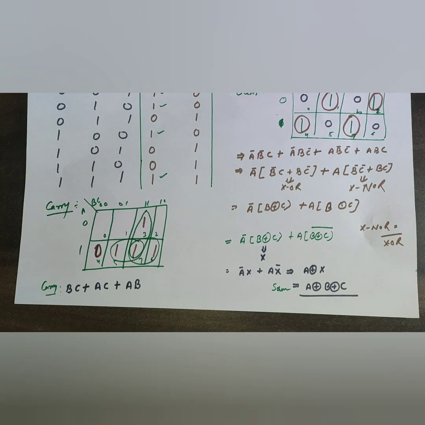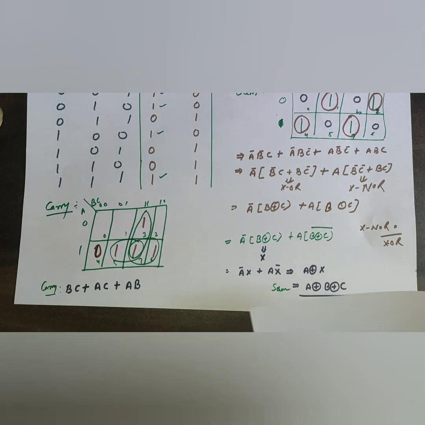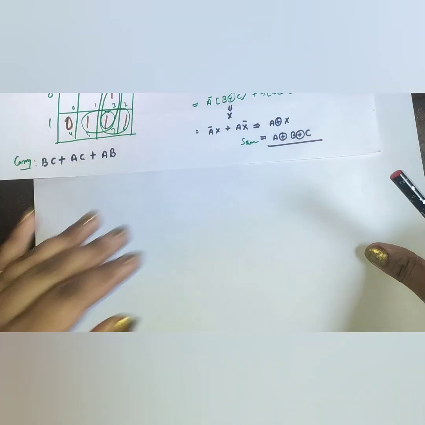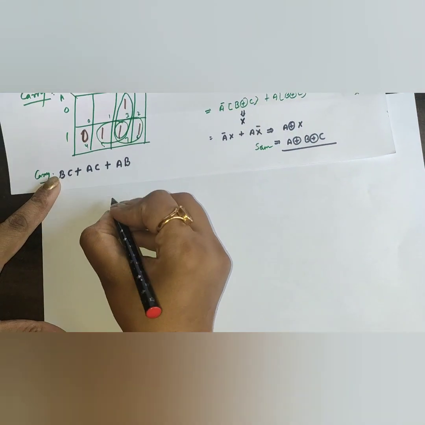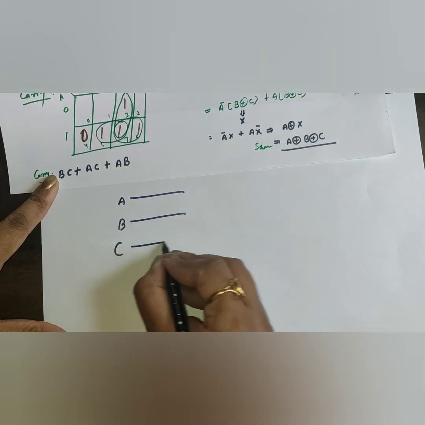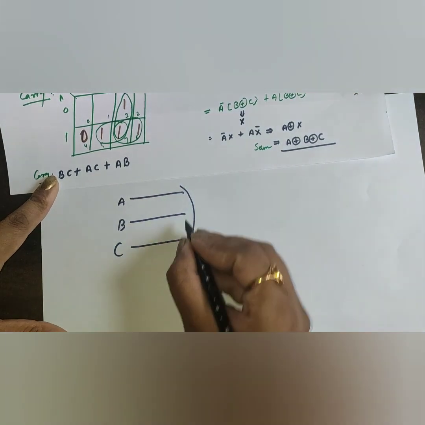Now, if we make a circuit diagram for full adder, how can we make that? You can see A, B and C, 3 input variables with XOR.